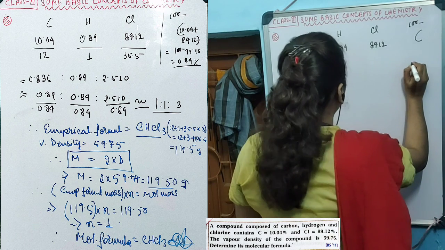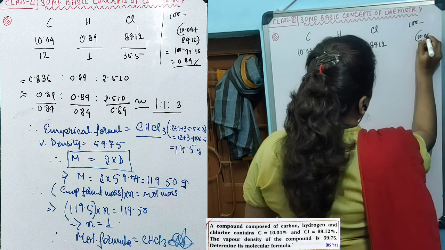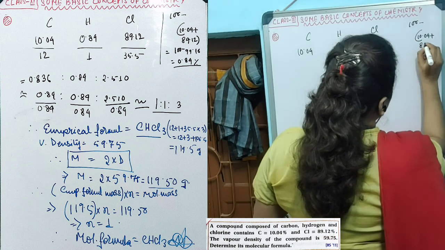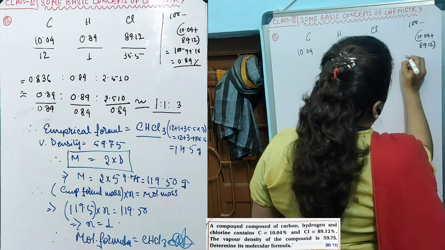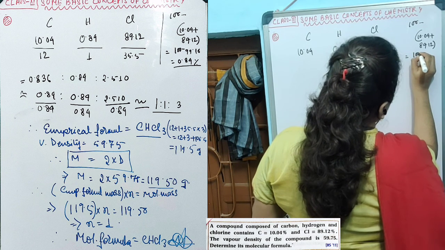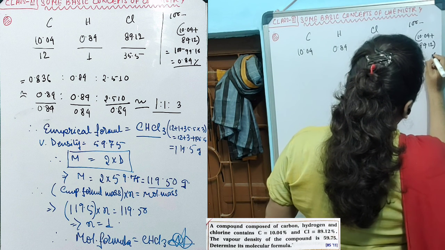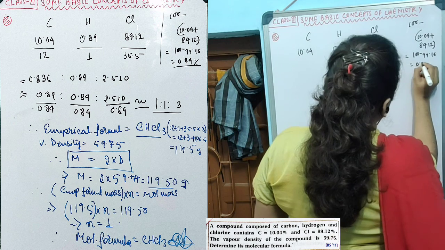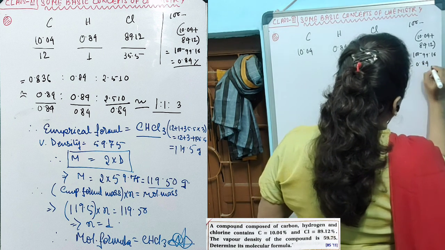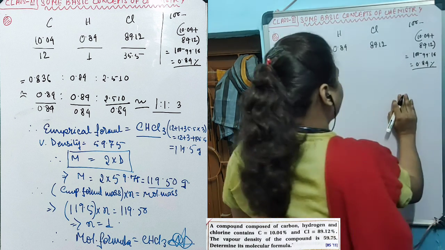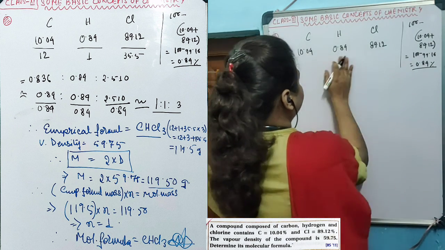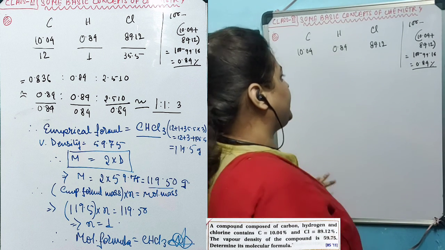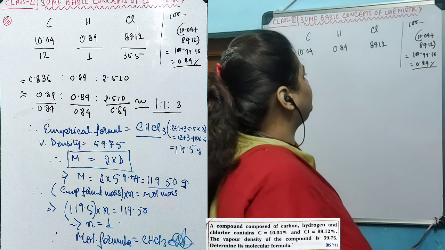From 100, 10.04 has been given by carbon and 89.12 by chlorine. Therefore, the remaining portion, 0.84%, is given by hydrogen. So the amounts are carbon 10.04, hydrogen 0.84 and chlorine 89.12.